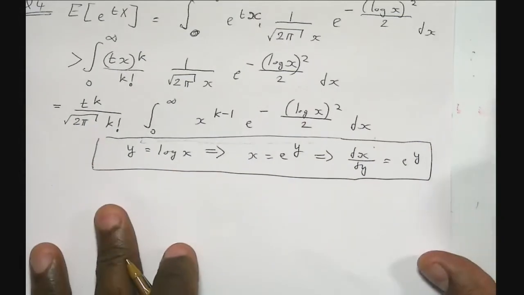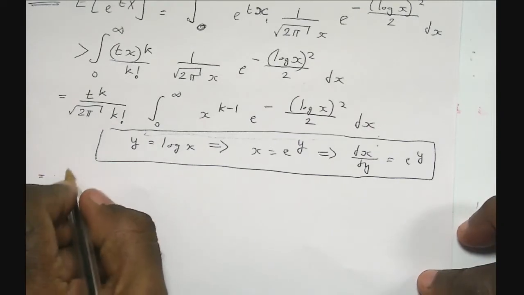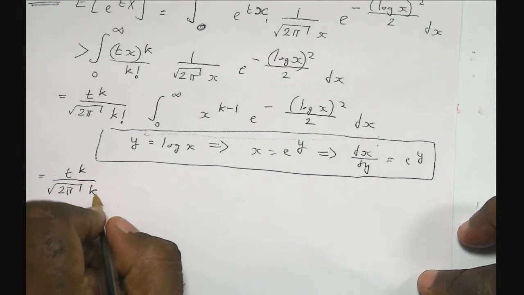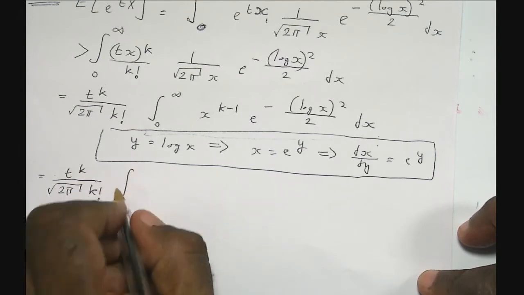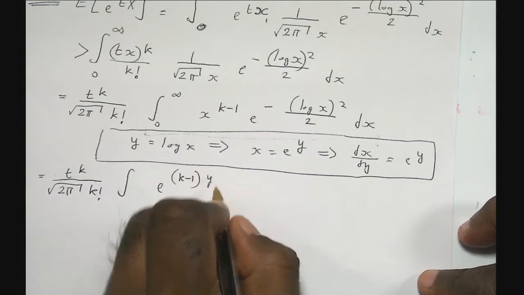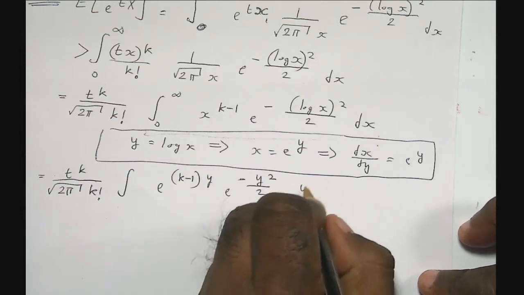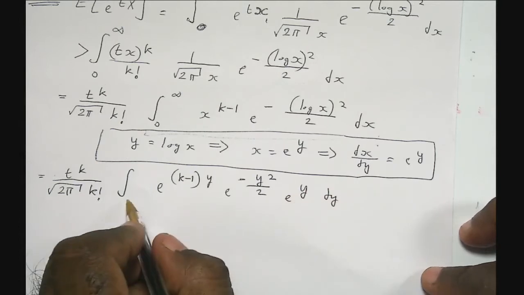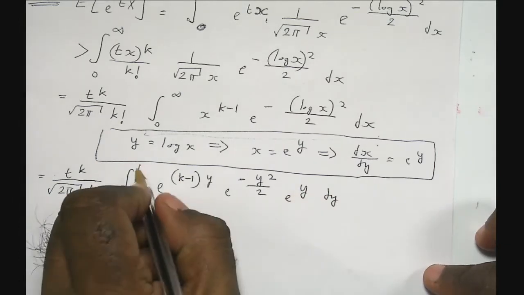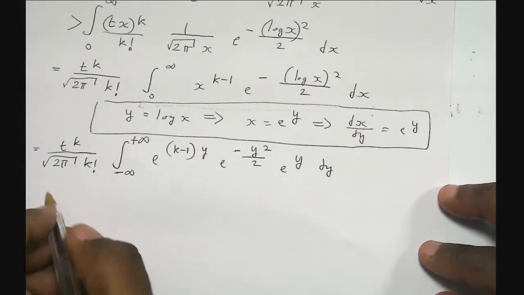Right? All right, so this will become... Under this substitution, 0 will go to minus infinity. This will go to plus infinity.